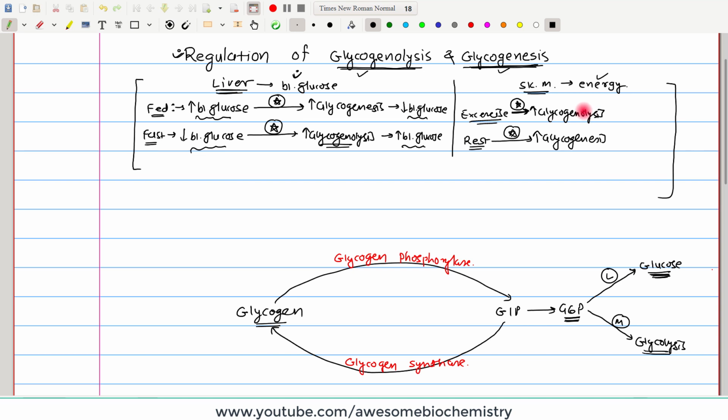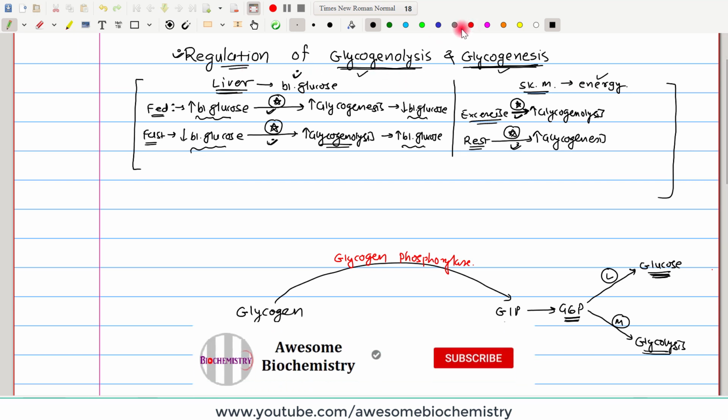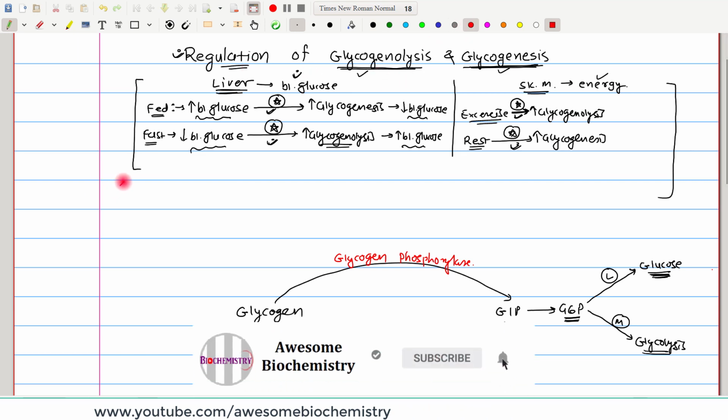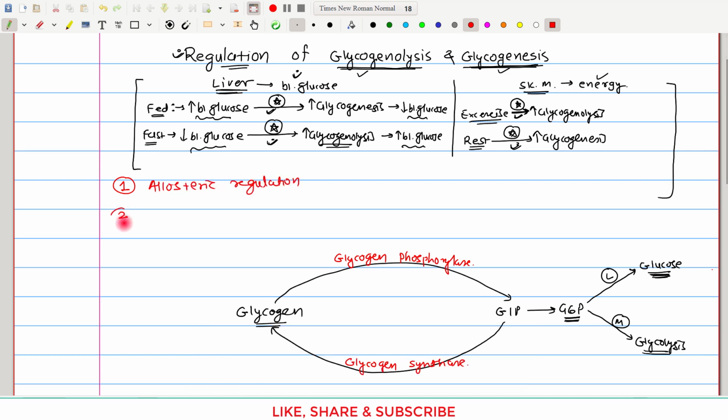Now in the finer detail, we will discuss how these regulatory events are taking place. For discussion of this finer detail, regulation of glycogen metabolism occurs in two different ways. One is allosteric regulation and the second one is covalent modification of enzymes.